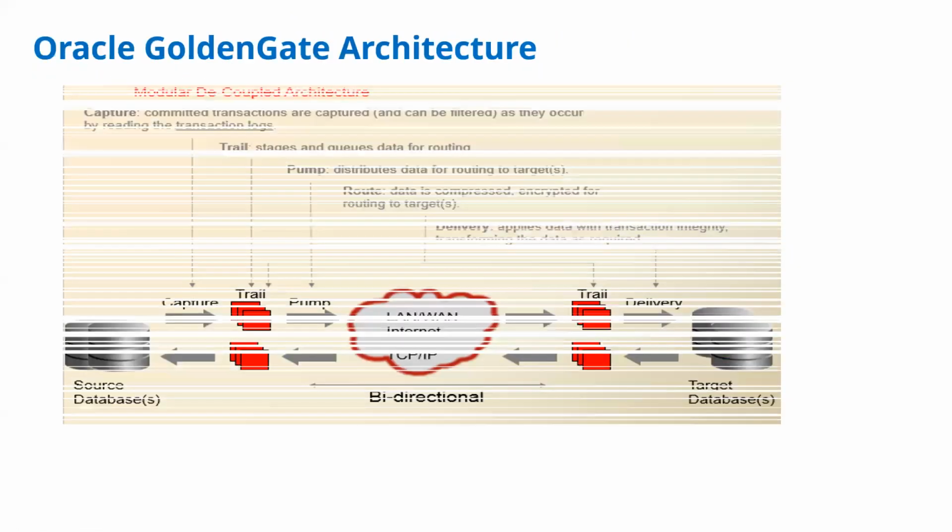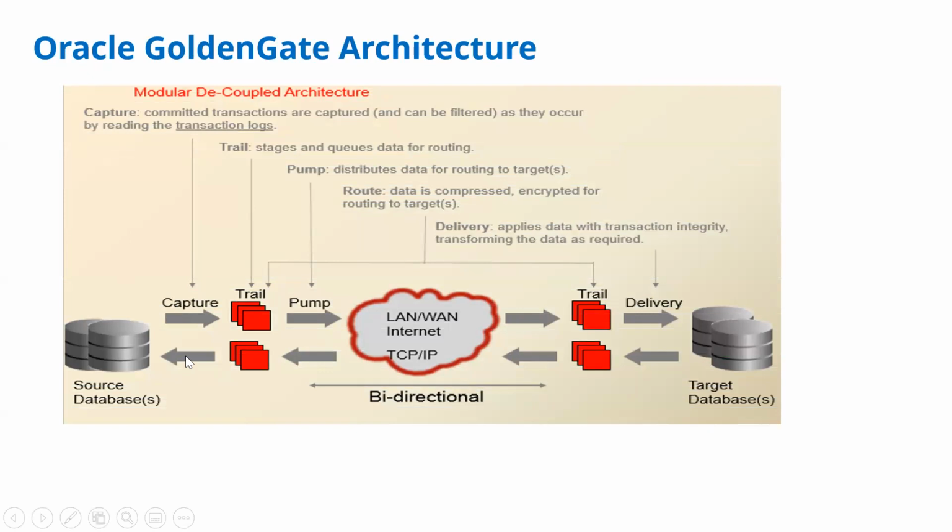So here, the extract process captures the data and writes to the local trail. The pump process reads the data from the local trail, sends it over the TCP/IP network and writes it to the remote trail. And once the data becomes available in the remote trail, the replicate process reads it and applies it to the target database. So there are three processes involved in replication: extract, pump, and replicate.